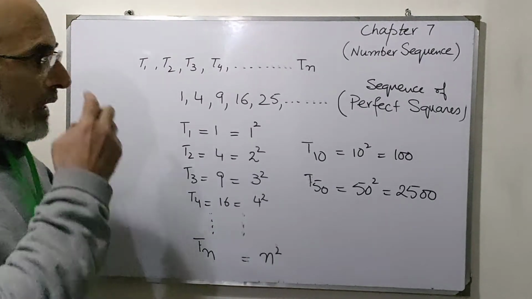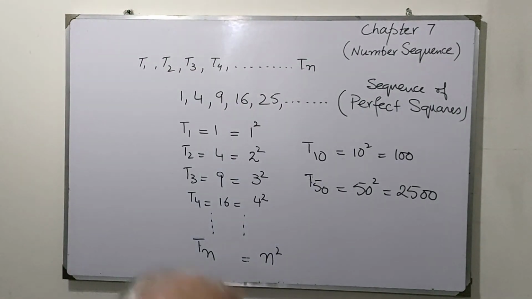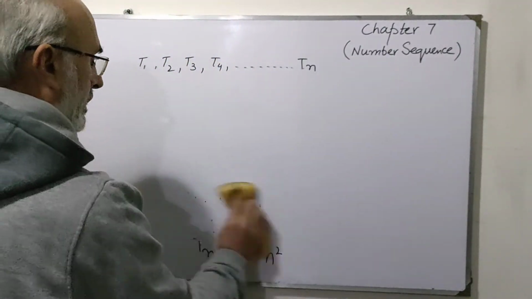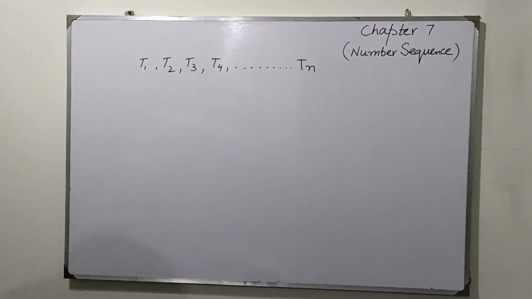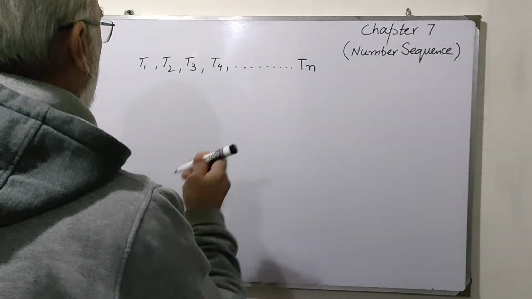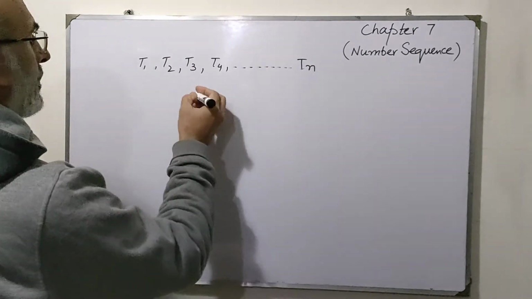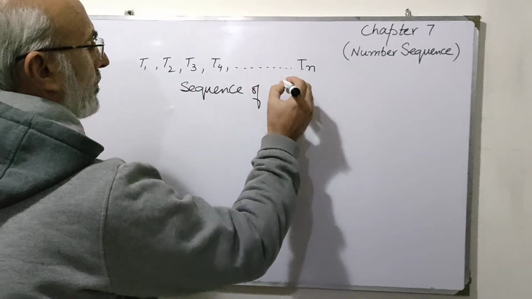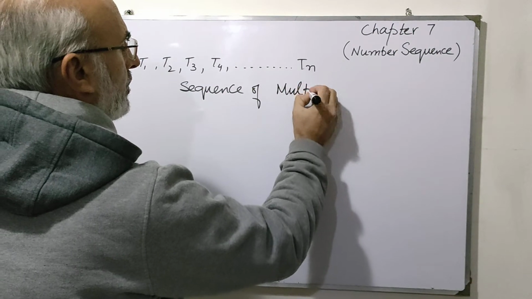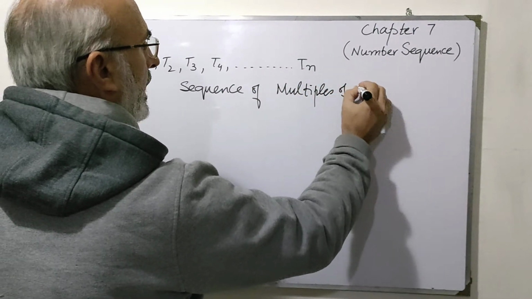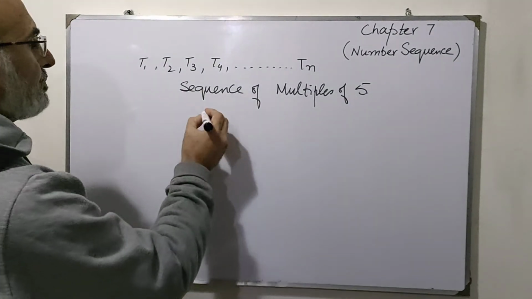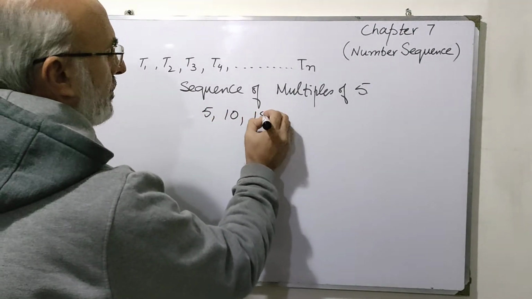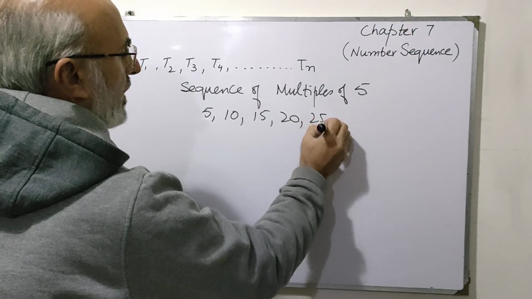Okay? So let's take another example. Let's say I have a sequence of multiples of 5, which is 5, 10, 15, 20, 25 and so on.